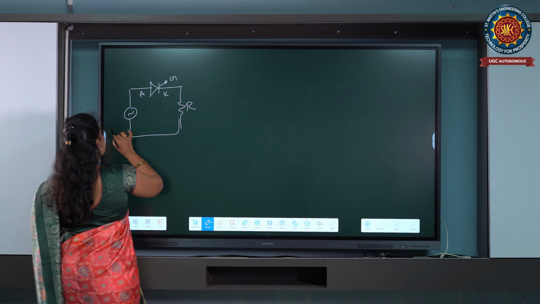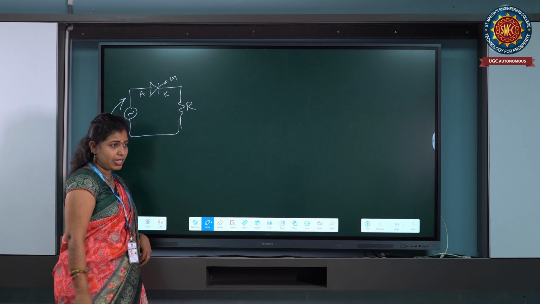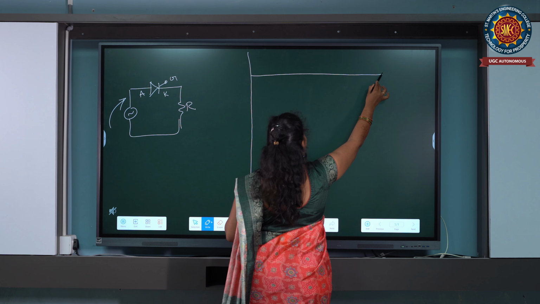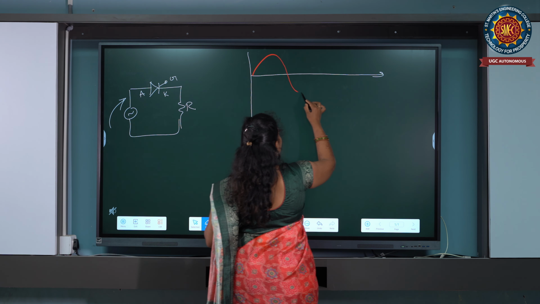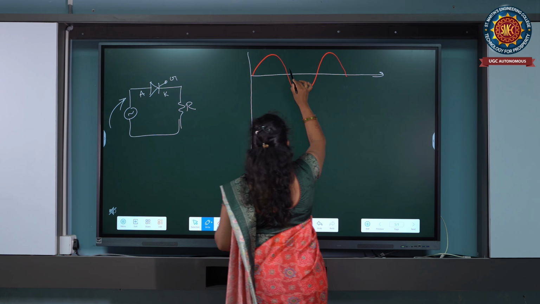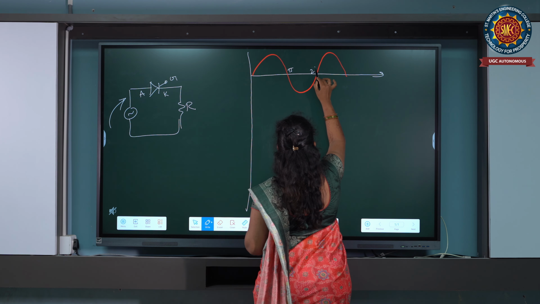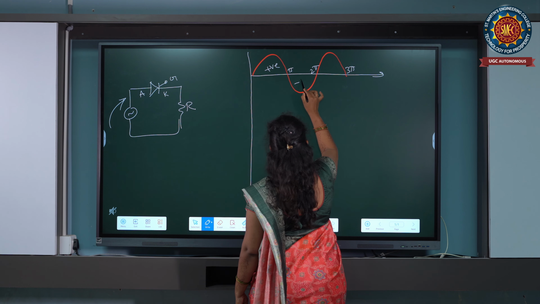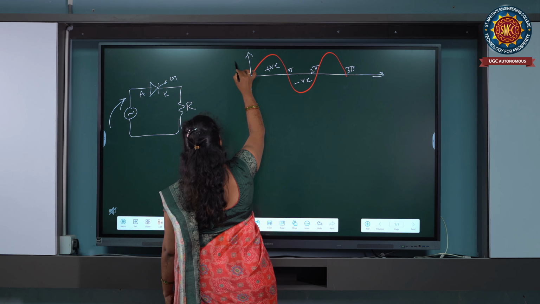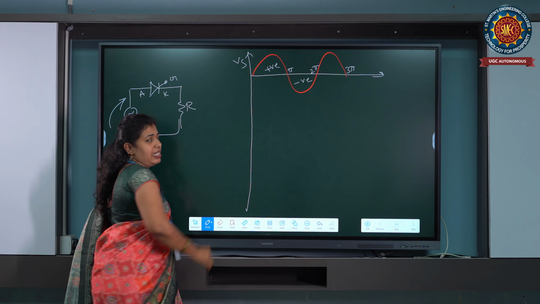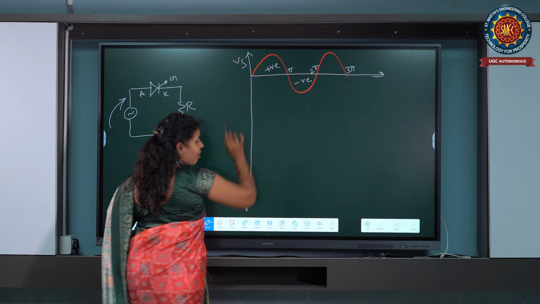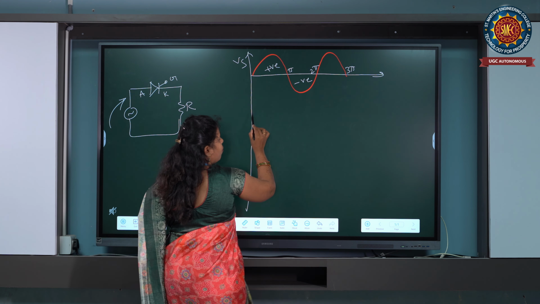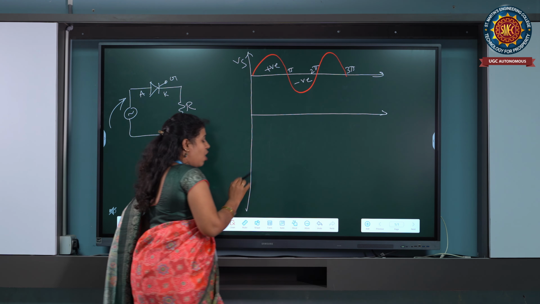When we give the AC supply to the thyristor, the AC supply has two forms: the positive half wave and the negative half wave. This is the supply voltage given to the thyristor. When the positive half wave appears across the thyristor, what happens? When the negative half wave appears across the thyristor, what happens?